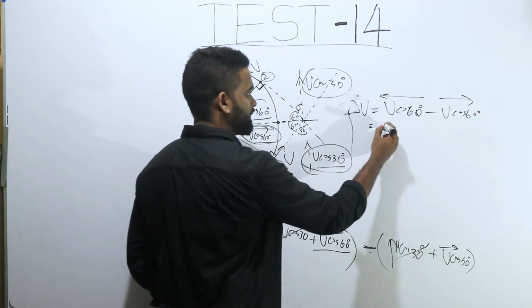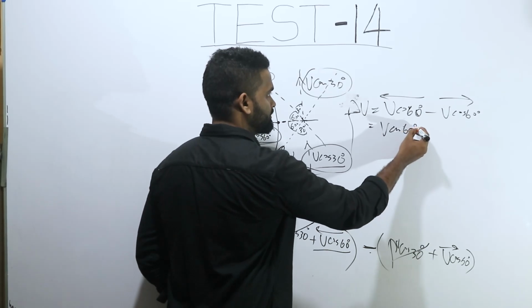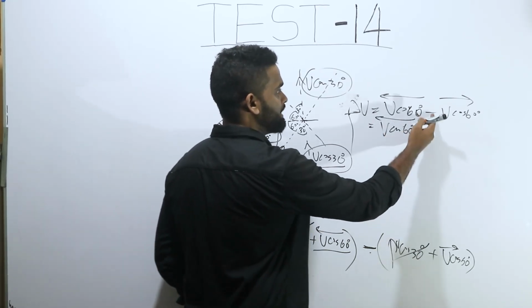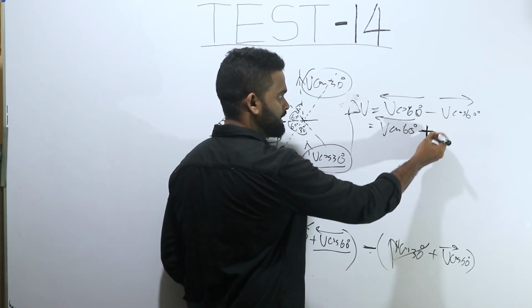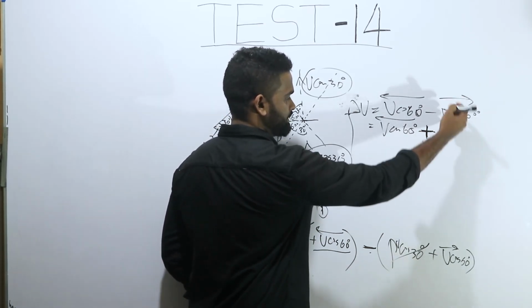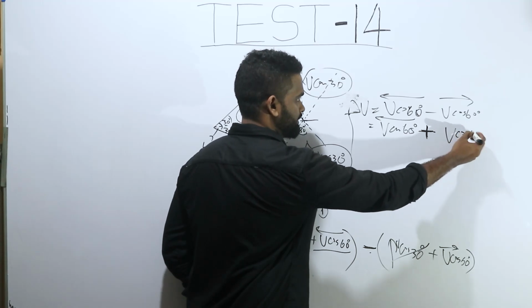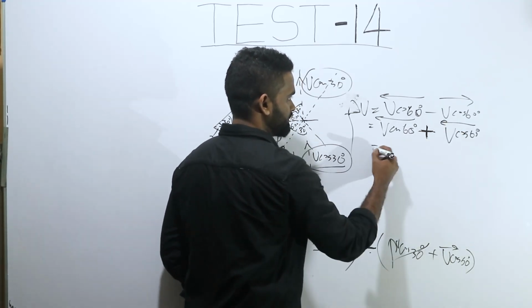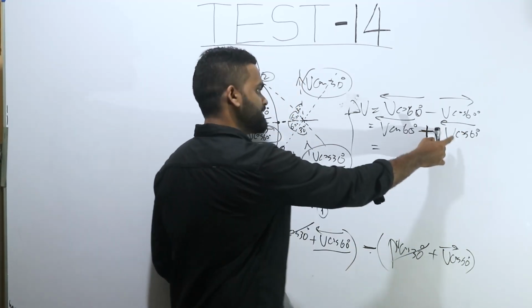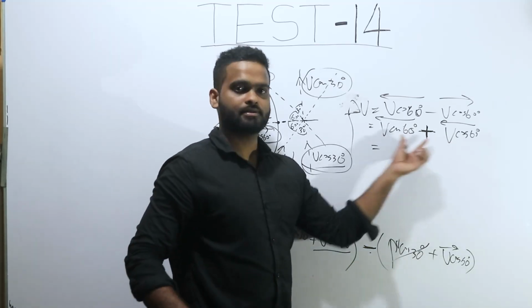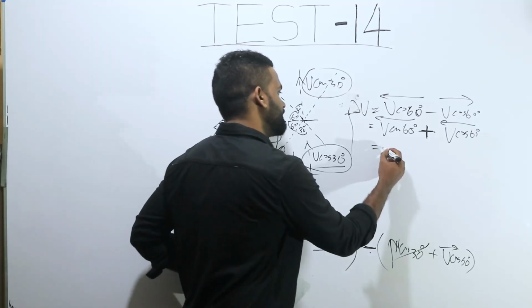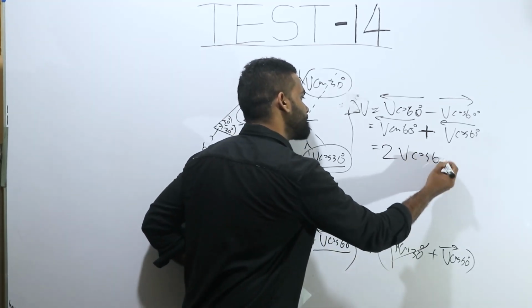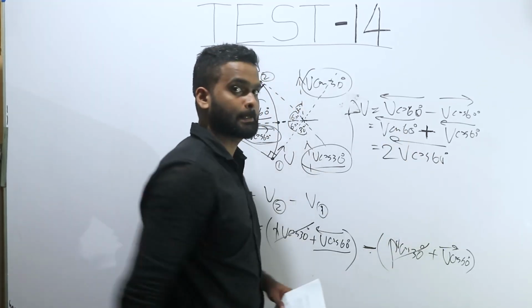V cos 60 towards the center, you can make this plus and change the direction of this one. Since the directions are the same, now you can just add these two. So this is 2V cos 60 towards the center.